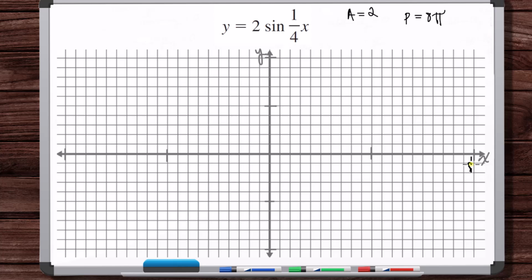Okay, so 8 pi, and then we're going to go from 2 to minus 2. Okay, now let's divide the period up into 4 equally spaced pieces. So 1, 2, 3, 4, 5.